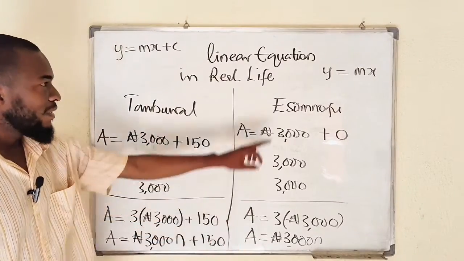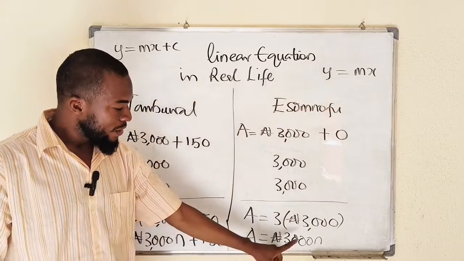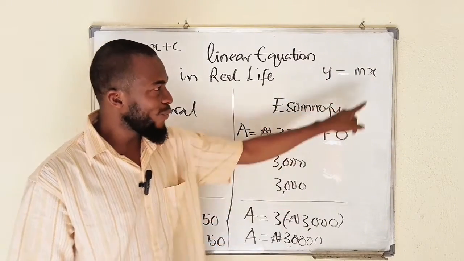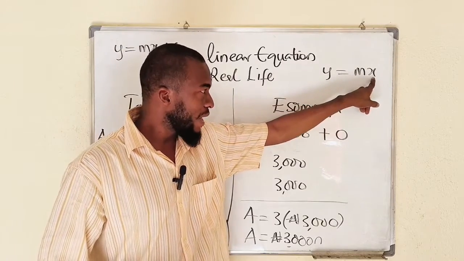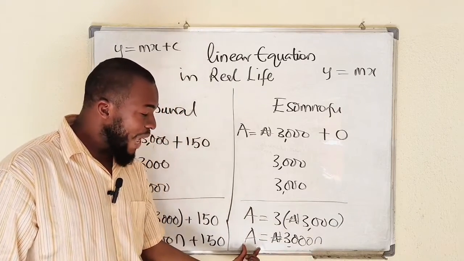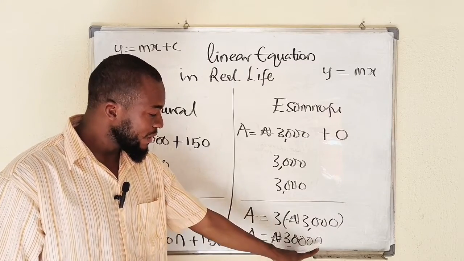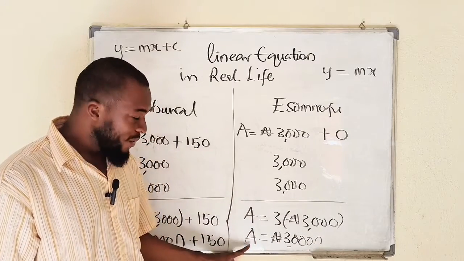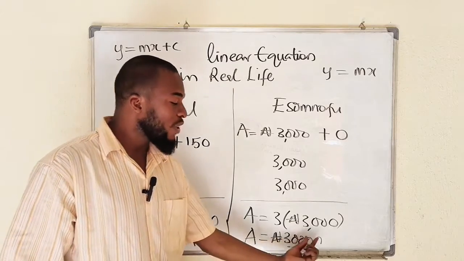y here stands for the dependent variable. 3,000 here stands for the slope, that is the rate of change. And x here stands for n. So to determine the total amount, because I told you that this is independent variable, this is dependent, to find the total amount, it depends on the number of weeks.